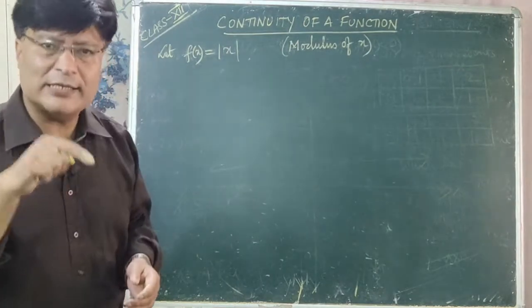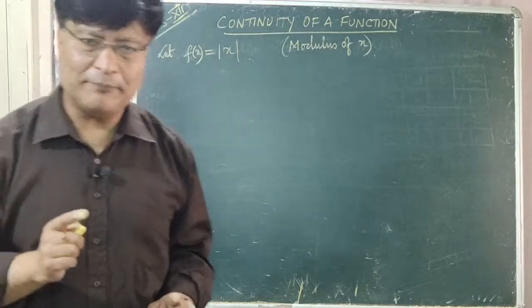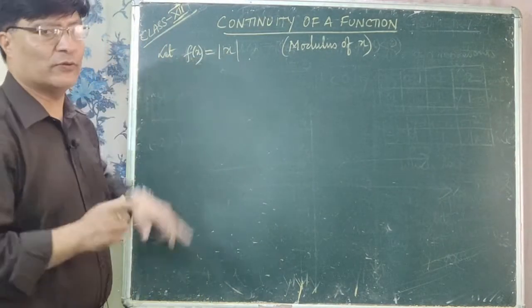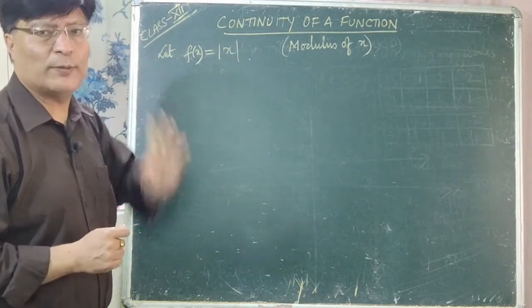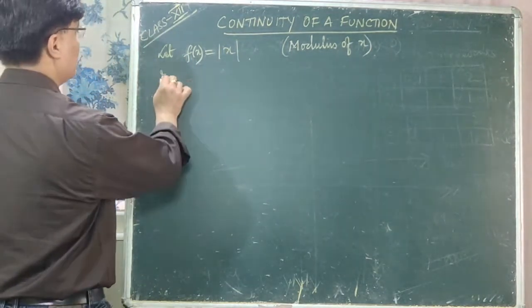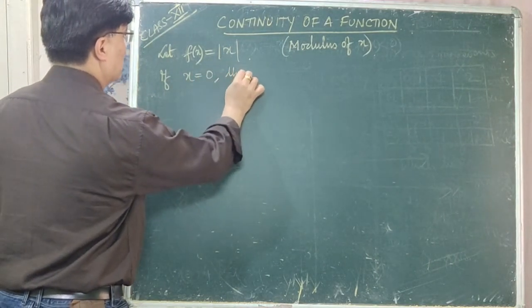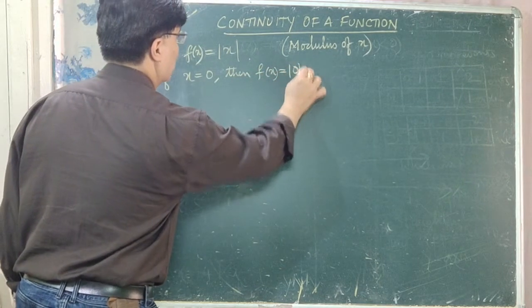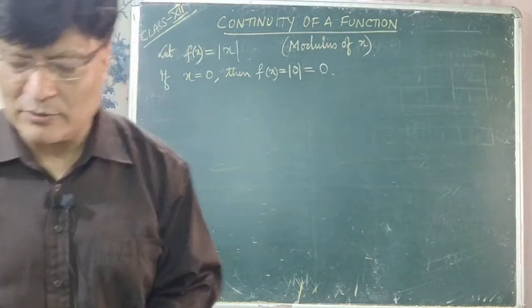If you put x is equal to 0, then this f of x will be 0. At what value of x will f of x be 0? First of all, you check that. If x is equal to 0, then f of x is equal to within mod 0, which is equal to 0. Is that clear now?